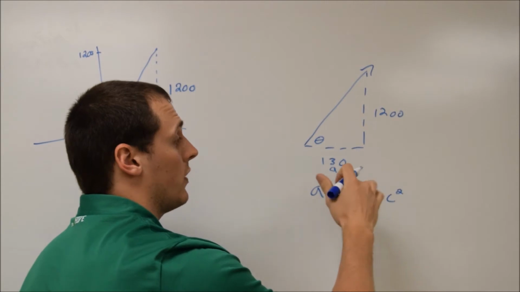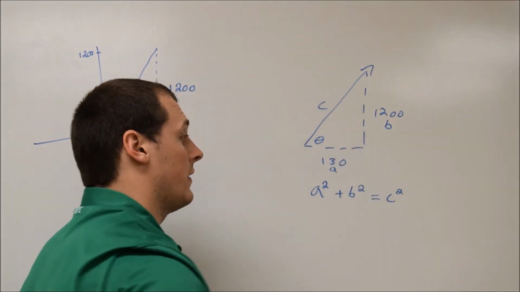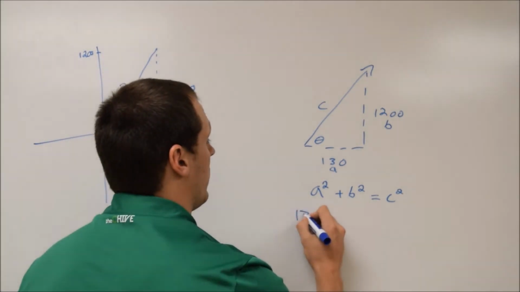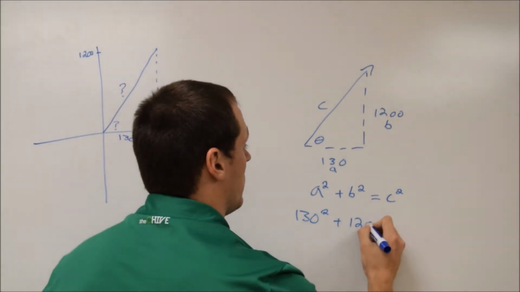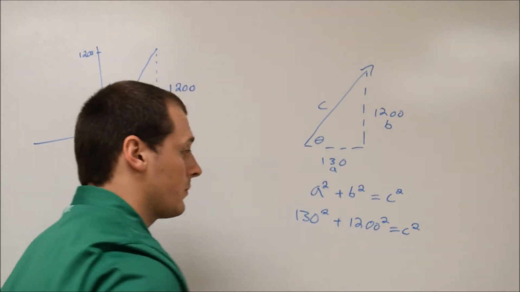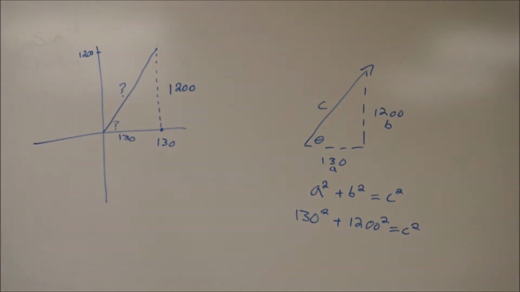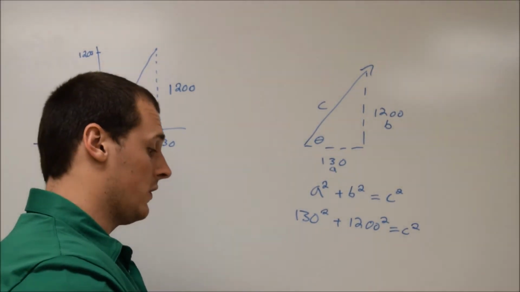So the two straight sides are A and B, and then the hypotenuse is side C. So what you end up with is 130 squared plus 1200 squared is equal to C squared. So when you do this first bit, you're going to get a really big number, but don't worry about that because then we take the square root of that to get the hypotenuse or the magnitude.